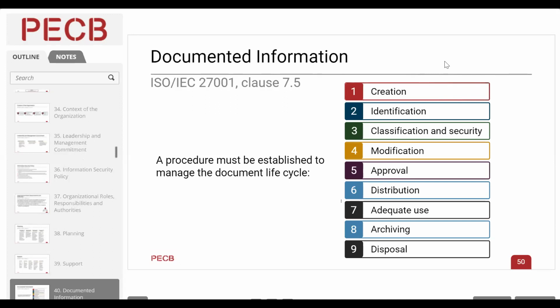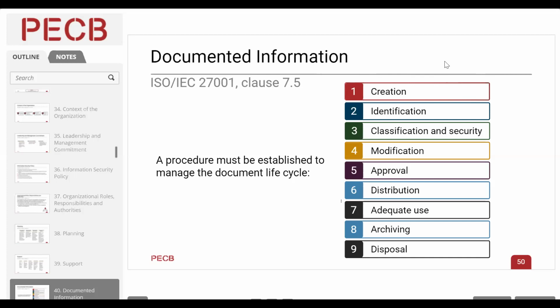So we create a document, we uniquely identify the document. So we need to have a unique identifier. Within each organization, we need to have a proper naming convention for each document. Okay, we need to classify and secure the document. Now classification is important.